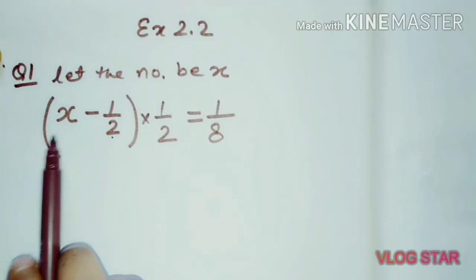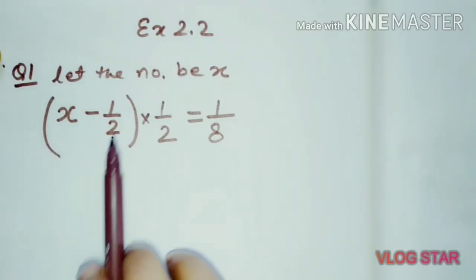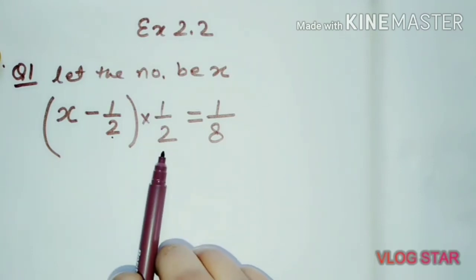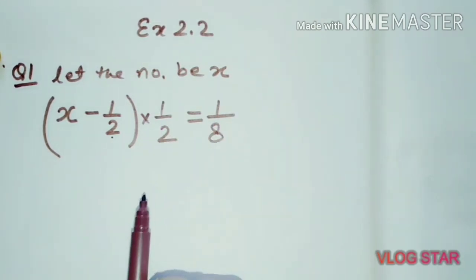So you have to find x. x is the number. From this number we subtract half, and whatever we get, we multiply by half, then we get 1/8. This is the formulation of the given condition. Now we have to solve it for the unknown quantity, that is the number.